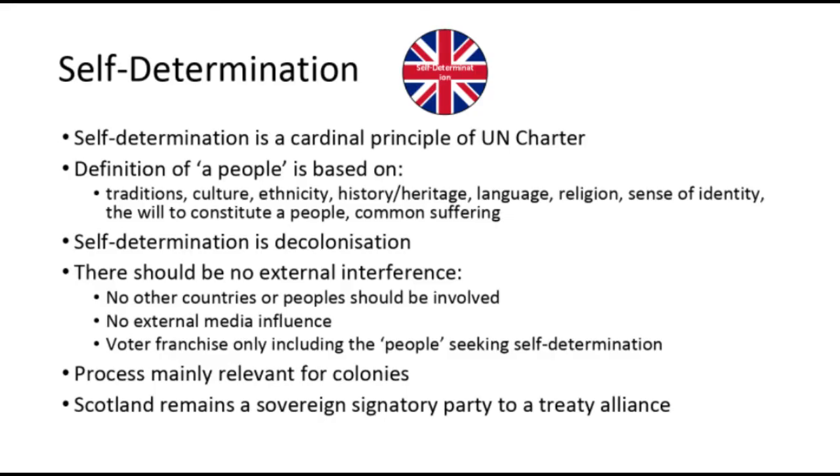Scotland has a slight problem here in that it is using a local government franchise for national elections and national referendums, which is highly irregular. The self-determination process, however, is mainly relevant for colonies, whereas Scotland remains a sovereign signatory party to a treaty alliance and should be able to enter and leave treaty alliances as it wishes.